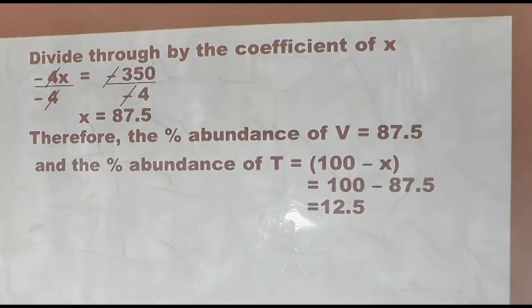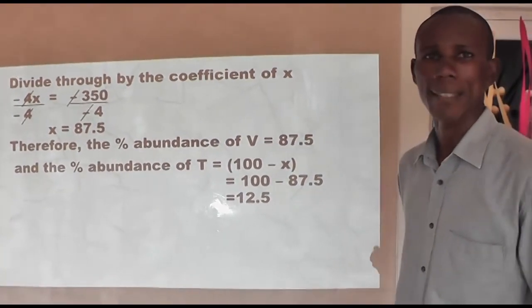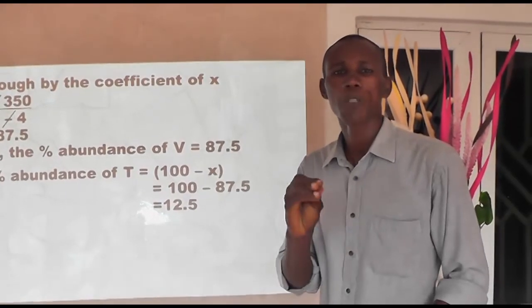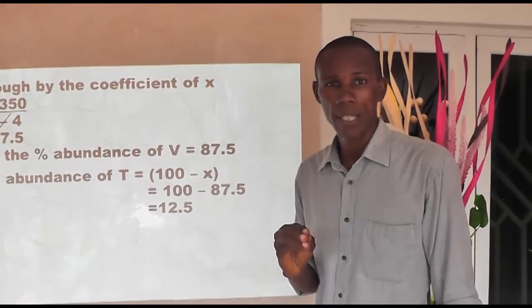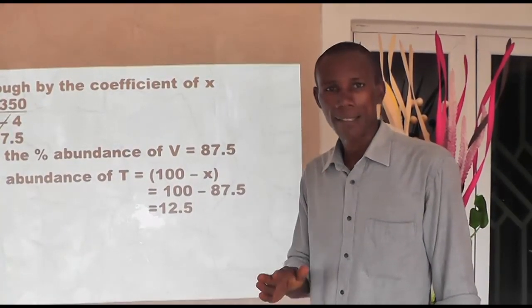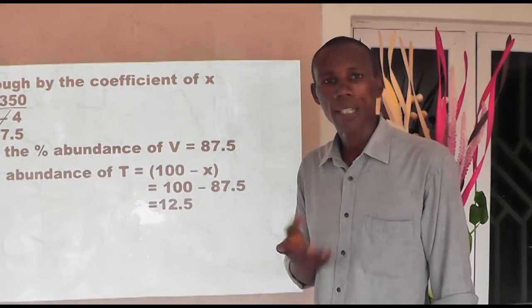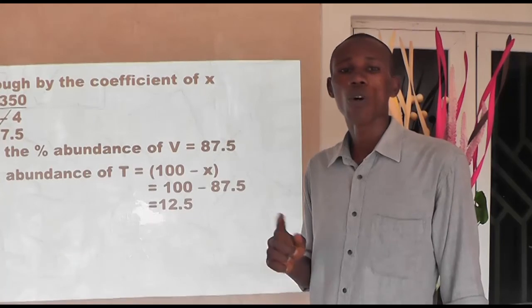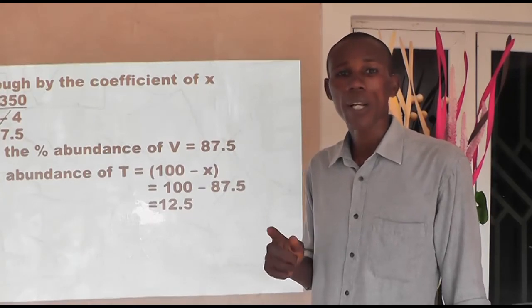To check if your calculation is correct, by the time you sum up the two percentages, it must be equal to 100. If less than 100, review your work again. If more than 100, there is an error, review your work again.